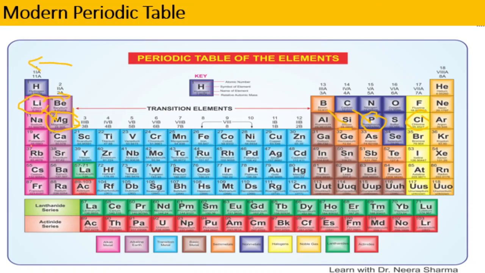We will find the metals are placed on the left hand side, and as we go from left to right in a period, we have the non-metals on the right hand side. In between we also have boron, silicon, germanium, tellurium, polonium. They have properties of both metals and non-metals, and they are called metalloids.